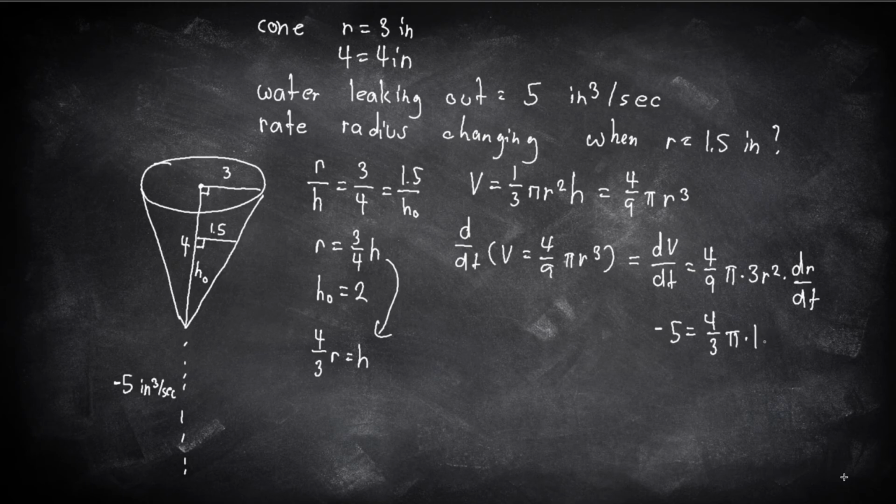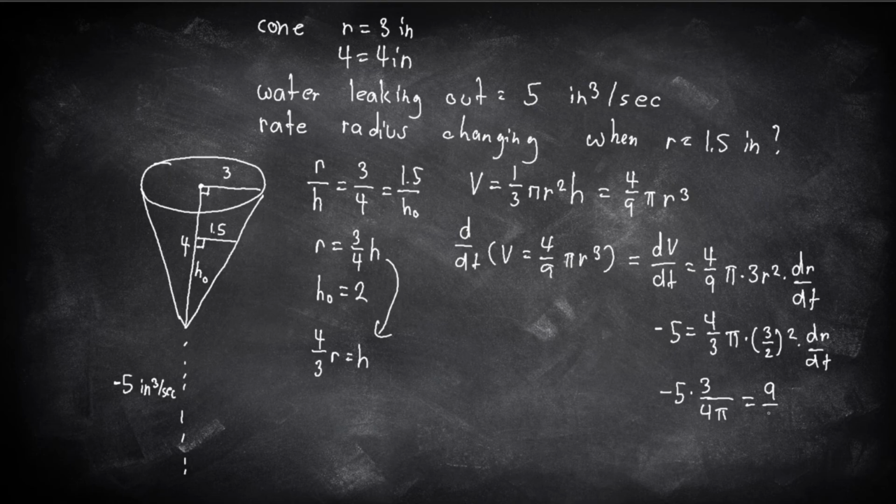So 1.5 is the same thing as 3/2. So 3/2 squared times dr/dt. So we have -5 equals 4/3 pi. We're dividing -5 by this, and then we need to divide by this. Let's simplify this side first so we don't get confused.